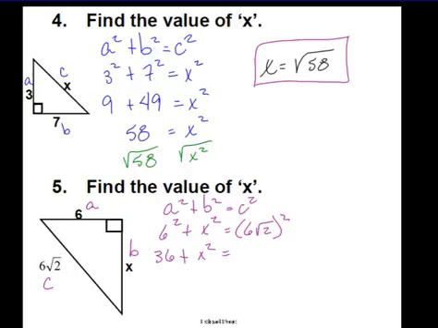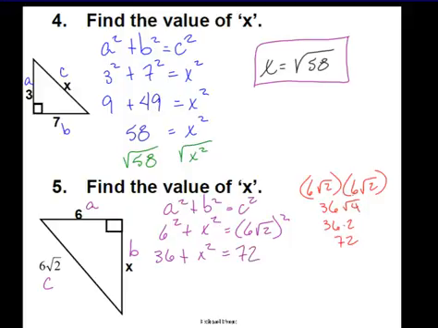Here, I'm going to have to multiply 6 square root of 2 times 6 square root of 2. In doing so, that gives me 36 square root of 4. Square root of 4 is going to be 2, so that's 36 times 2, which would be 72. So this is now 72 here.